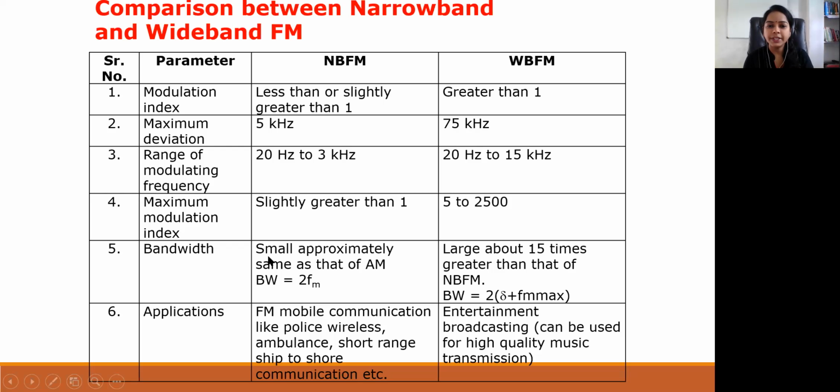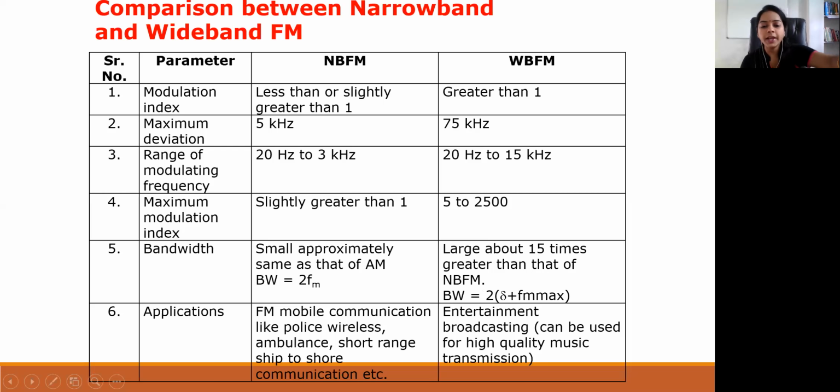So bandwidth for NBFM is small and is denoted as twice FM. Here also it is twice FM, but it is larger, about 15 times greater than that of NBFM.